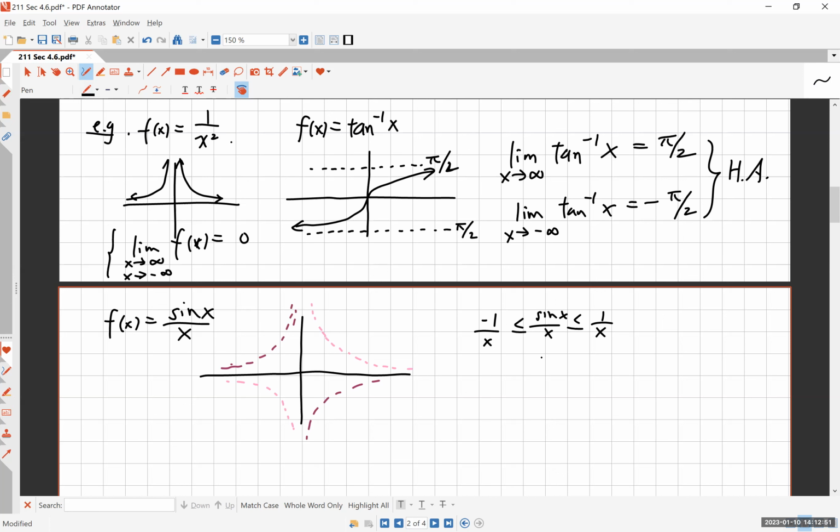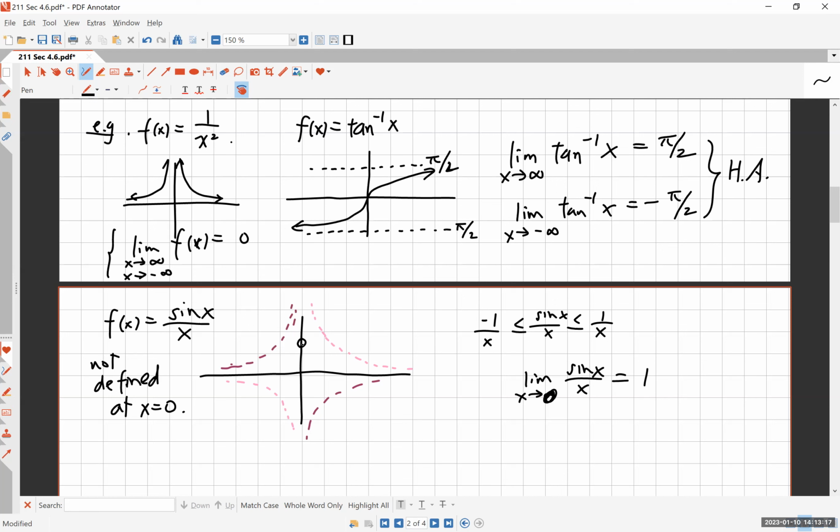And by the way, you also recall that the limit of sine of x over x as x approaches 0 is equal to 1, using the sandwich theorem, right? But sine of x over x is not defined at x equals 0. So there's an empty hole here, and the hole is at this point 1.